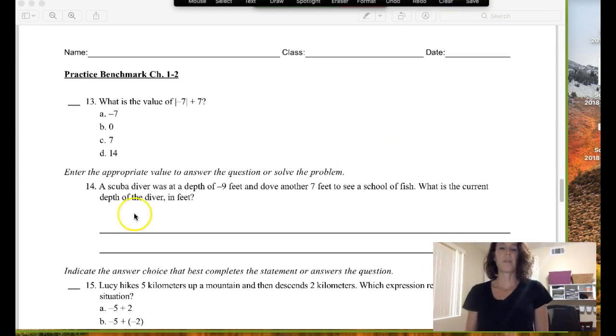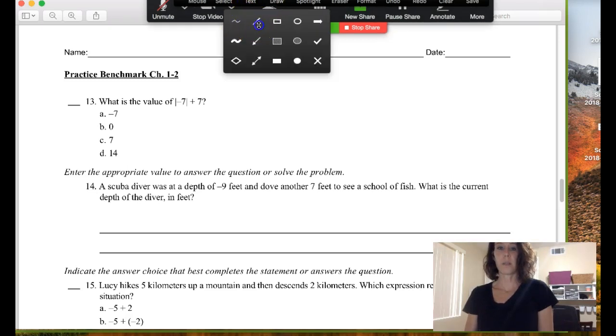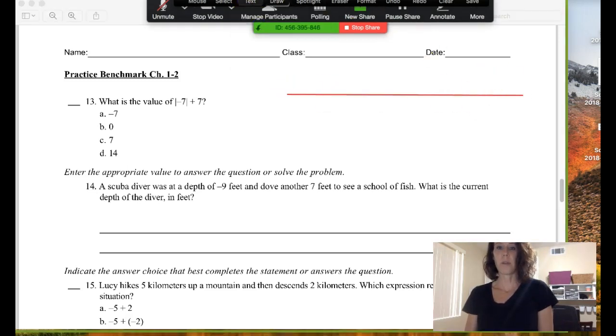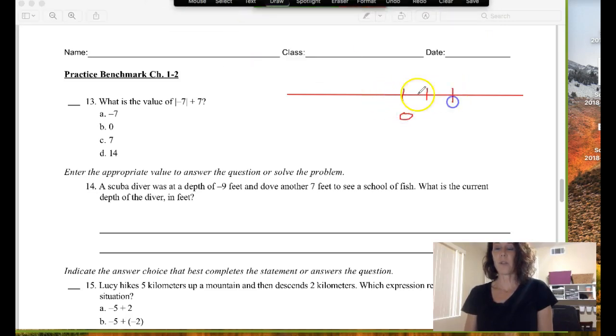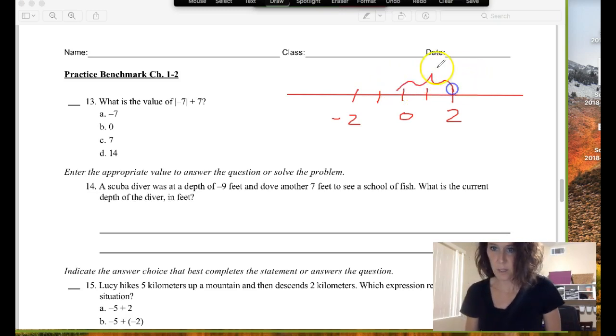Okay, what is the value of the absolute value of -7 plus 7? Remember, absolute value represents distance from 0 on a number line. Let me just explain this real quick. If here's 0, and let's say the absolute value of 2, I can walk 2 steps forward, and that distance is 2.